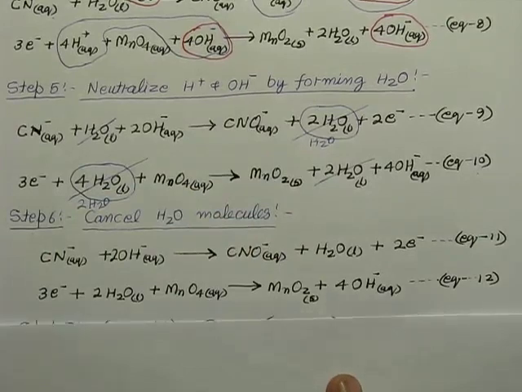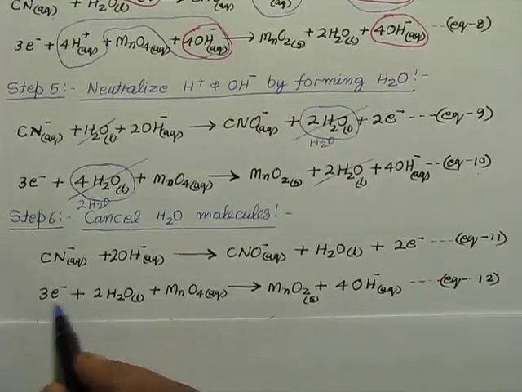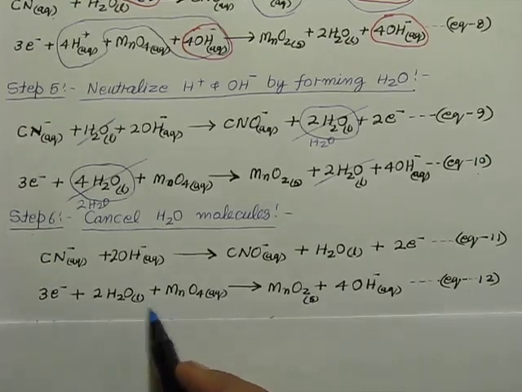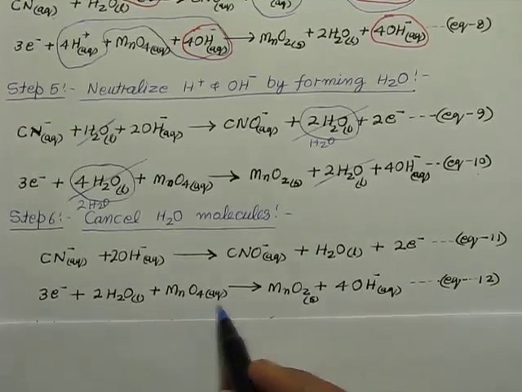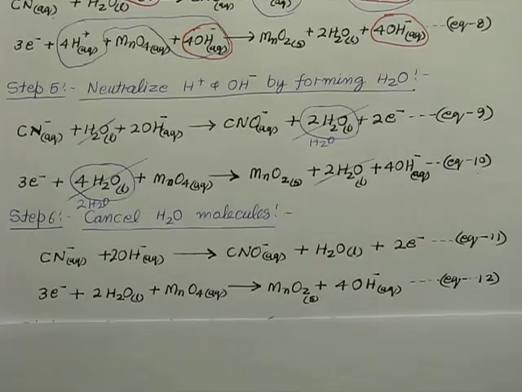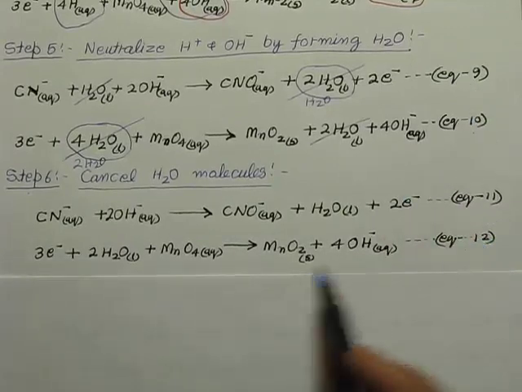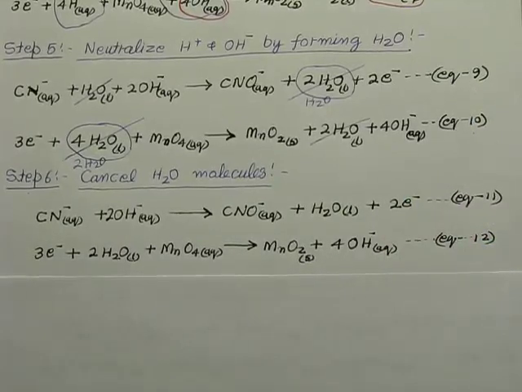So equation 10 will become equation 12, 3 electrons plus 2 water molecule and MnO4 minus, MnO2 and OH minus. So I'm giving every equation the new number so that it is easy to track them.